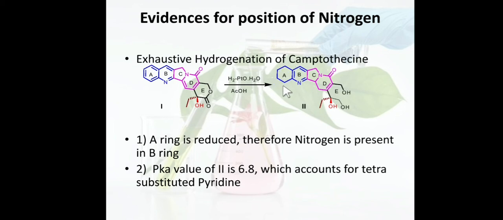So if we identify that the B ring is intact, that means the nitrogen is in the B ring and not in the A ring. If the A ring bears nitrogen, it is difficult to reduce. So this is how the chemical method as well as the physical method combined show the structural elucidation of natural products.